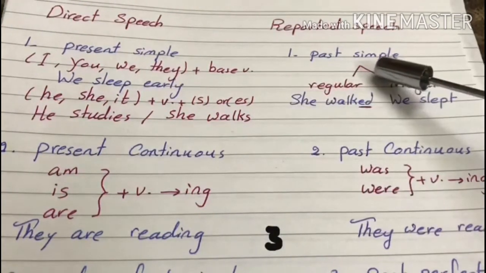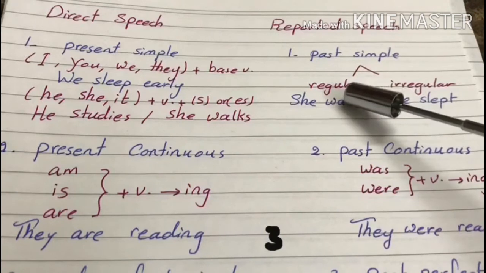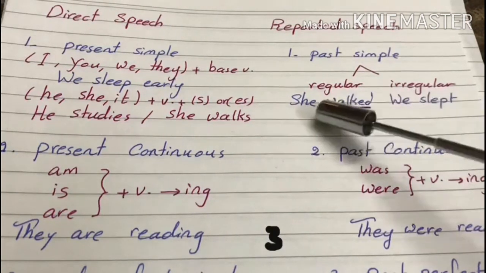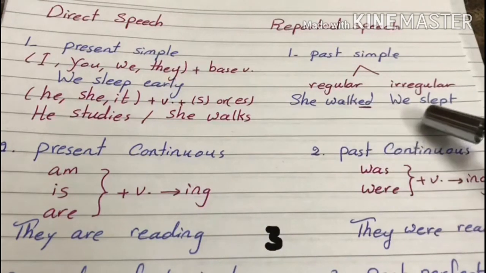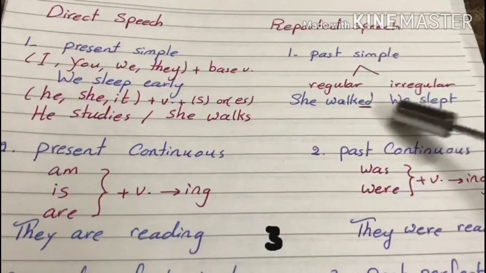The past simple is divided into regular and irregular. Regular, just like the verb walk, becomes walked, and irregular, just like the verb sleep, becomes slept.